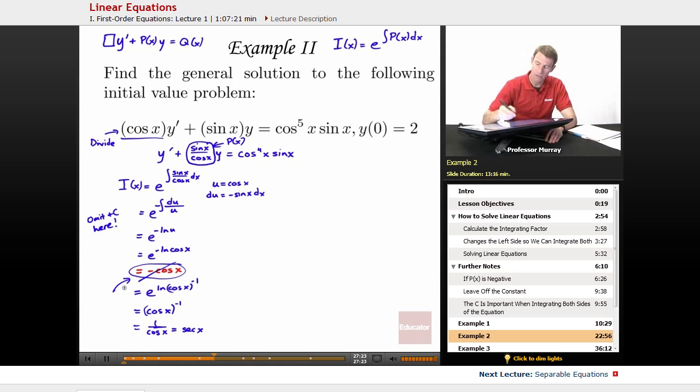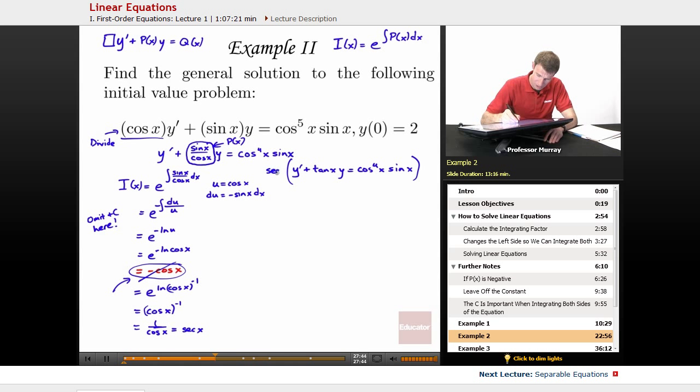So let me go back to the original equation here. We have y prime plus, I think I am going to write it as tangent x, tan x y is equal to cosine to the 4th x sine x. And remember, the point of the integrating factor is you're going to multiply both sides by that integrating factor.